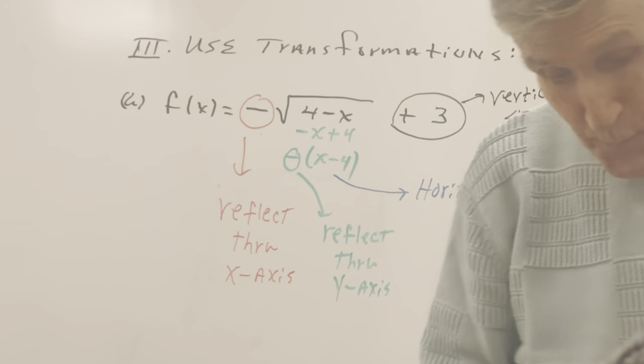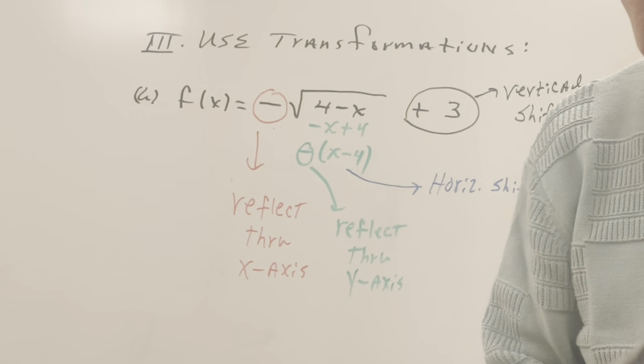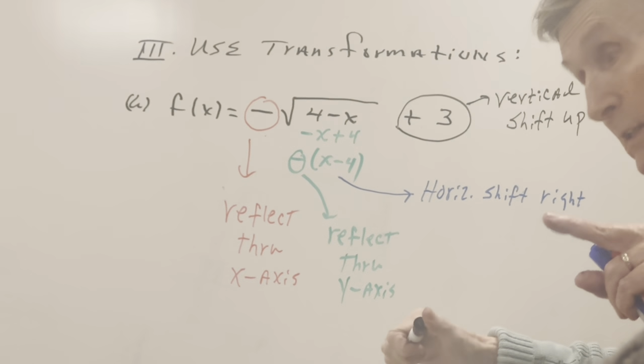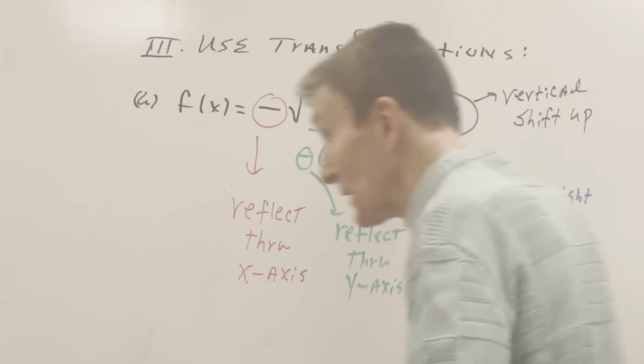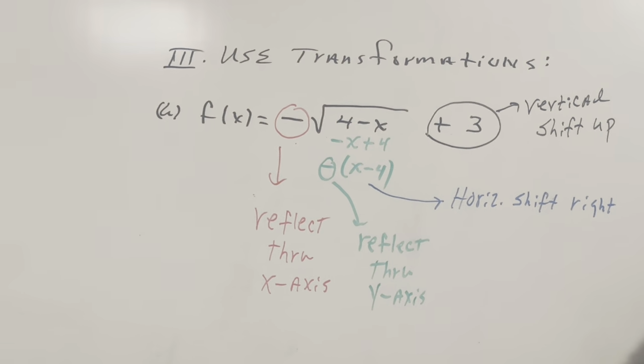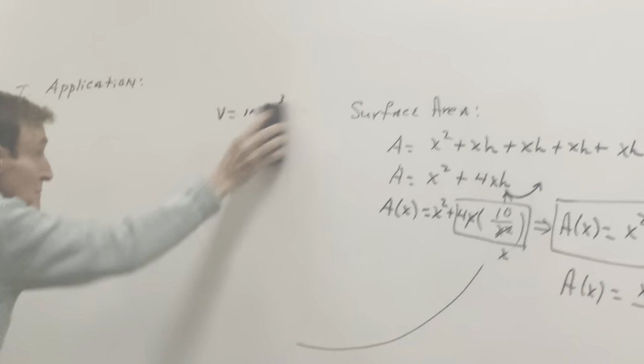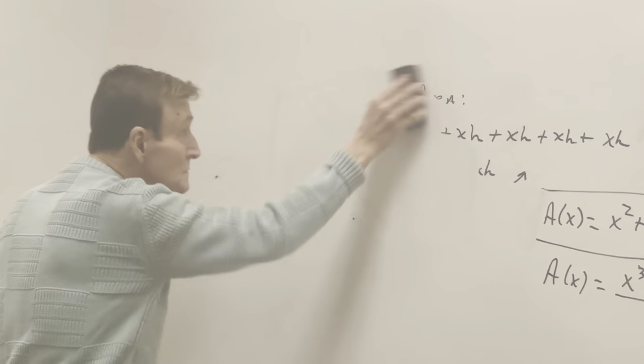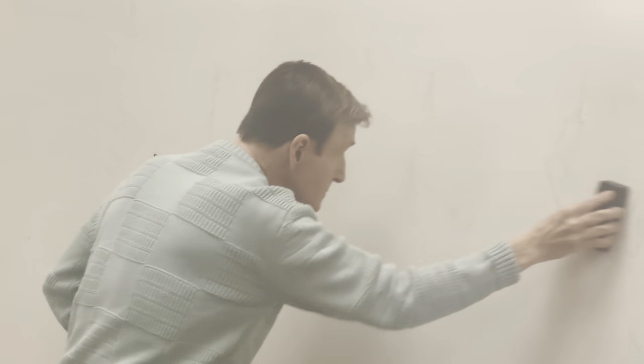Now, I've got to start out with the parent graph and then apply these to that parent graph and see what the final graph looks like. To do that, like I said, I do the parent graph first and move around the board here. All students should know what a basic square root graph looks like.